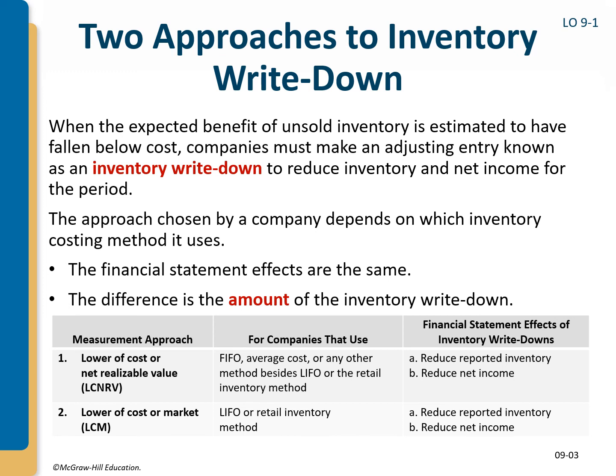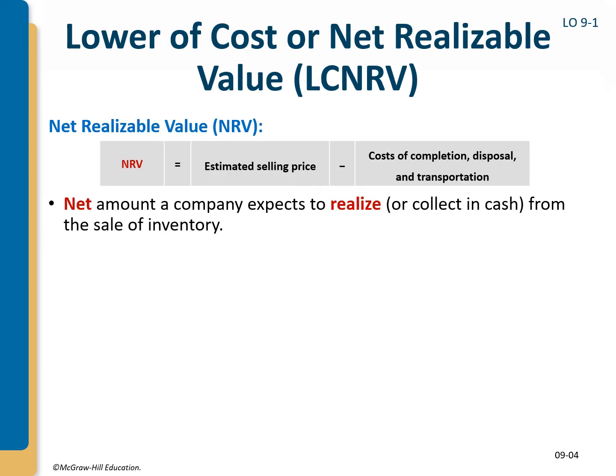If you use LIFO or retail inventory, you use lower of cost or market. So it's just two different approaches to determine if your inventory value, whatever that is, we're going to show you, is less than its cost.